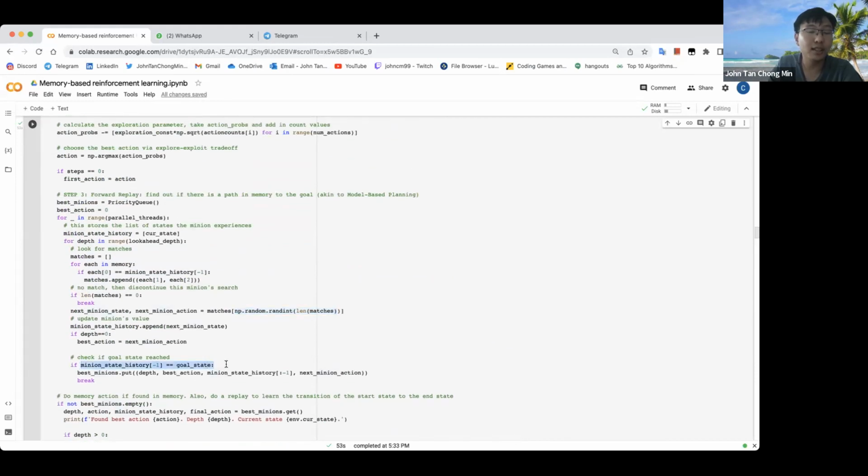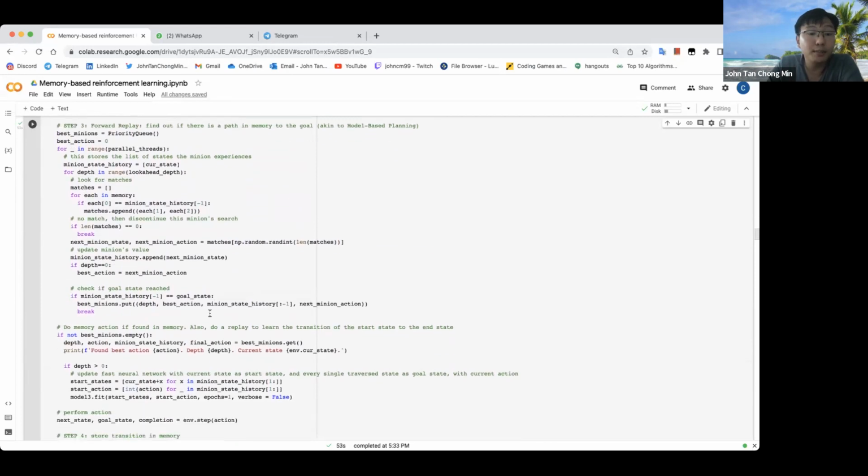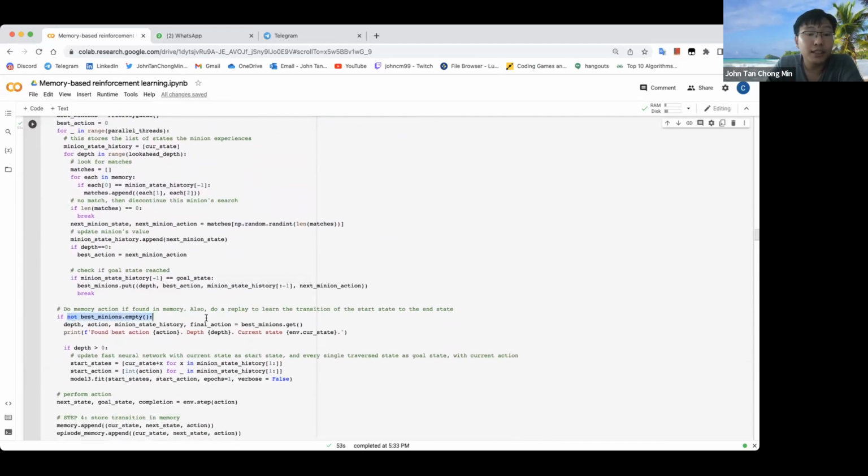I check whether it's the goal state. If it's not, then I repeat. This is just a random rollout, and I do it for a maximum of 10 look-ahead steps. If there's a match, I pop from the priority queue, which I store based on the index of depth, the number of look-ahead steps.